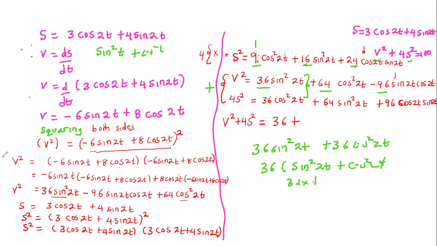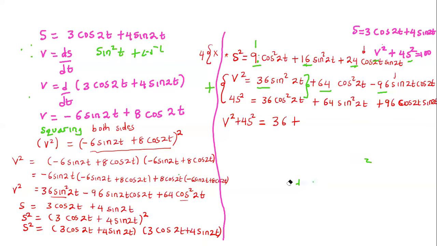So that's where members are getting it. Members, are you seeing 64 there? Let me hope now the number comes out the way we want it. So here, for me, I'm seeing 64, and therefore we shall have V squared plus 4S squared equals to 100. Negative 96 plus 96 gives us a 0.